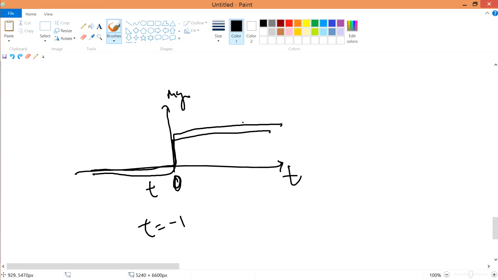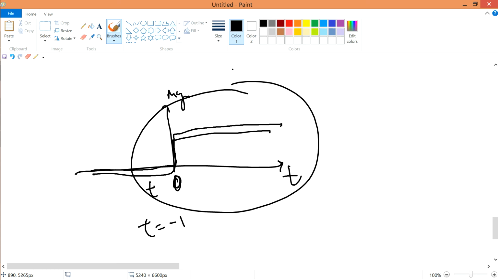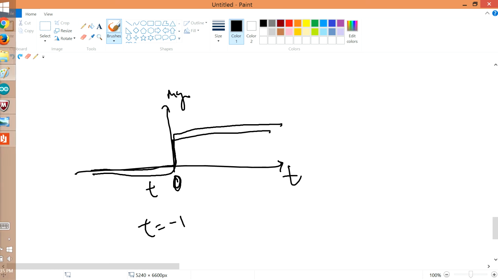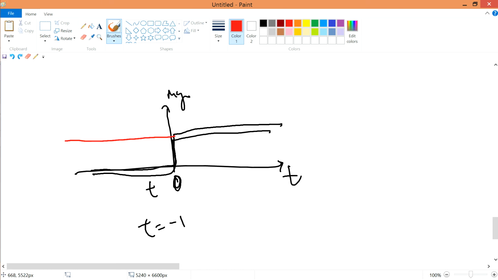Over here, this is at the present moment, at the present time. If you have something behind time equals 0, this means that you are storing certain particular signals, because this is the input, and you have a certain output.